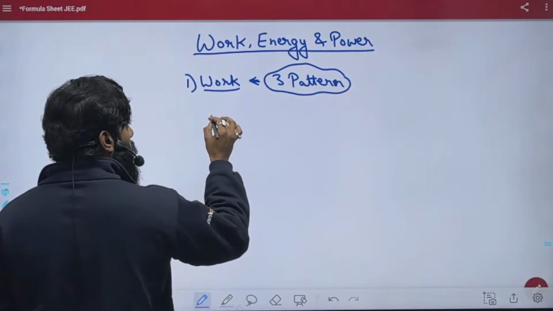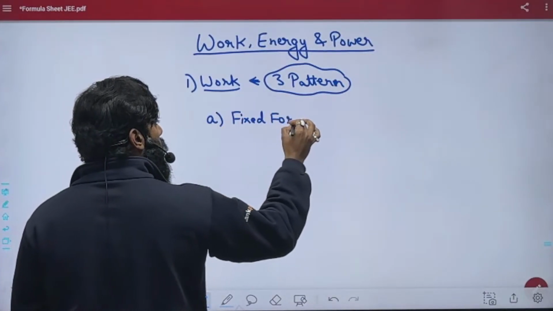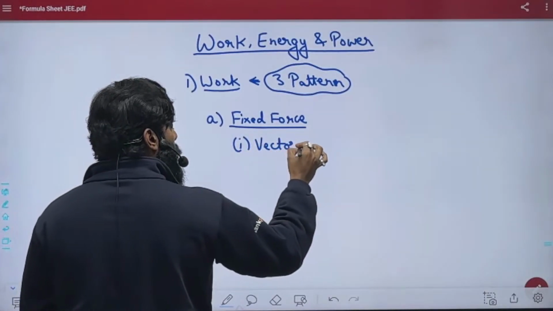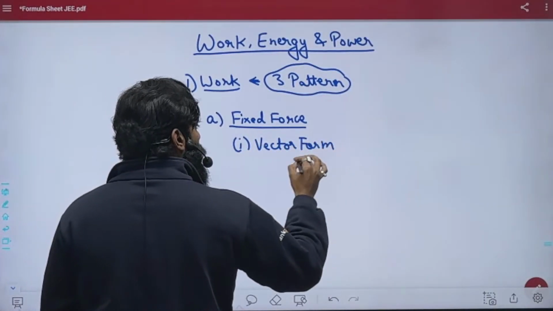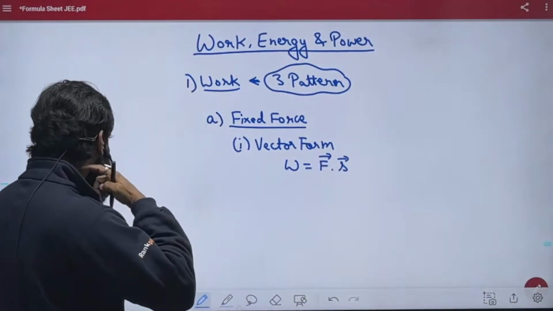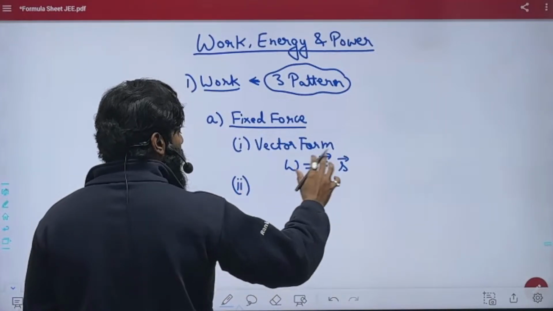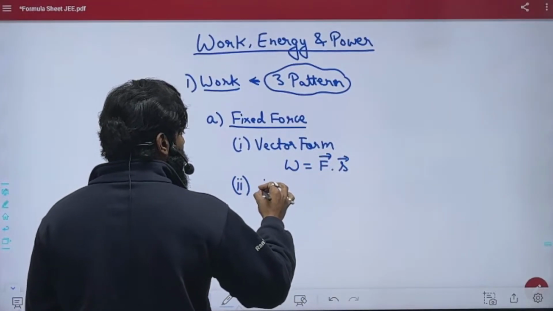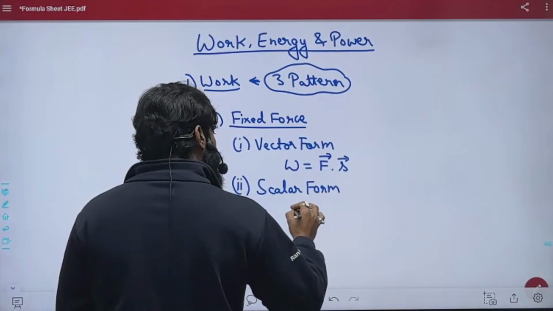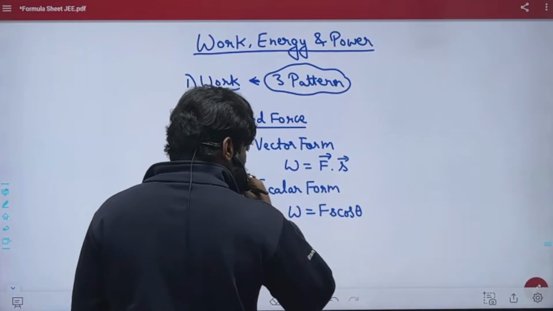The first one, when we have a fixed force, in case of vector form, you can do one thing, that work is equal to force dot s, right? Work is equal to force dot s. You have to do the dot product. In case of scalar form, work is equal to F s cos theta.